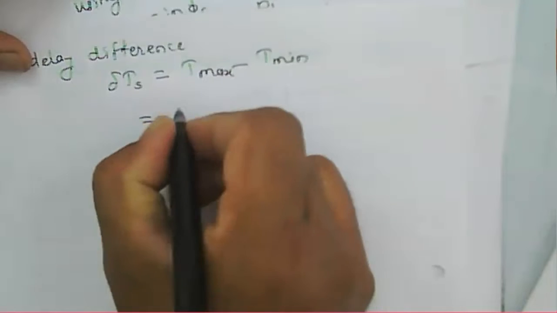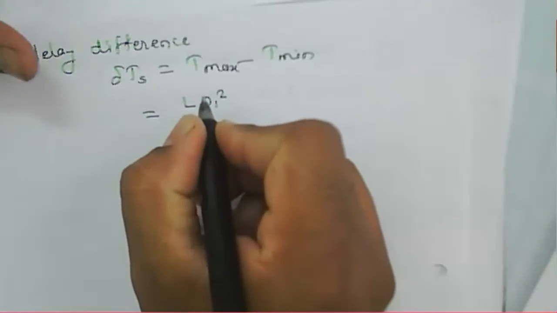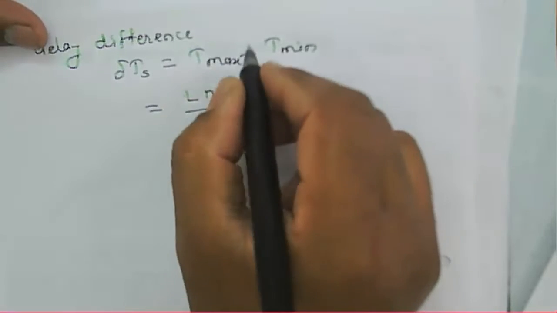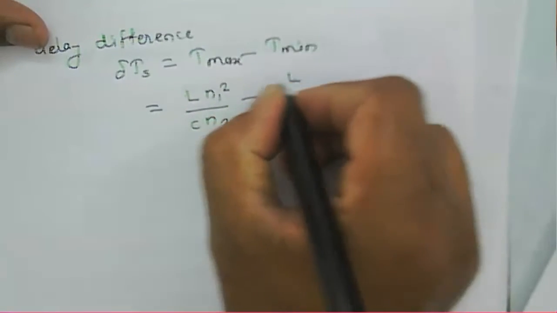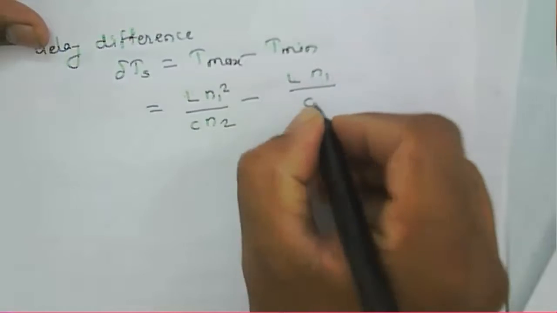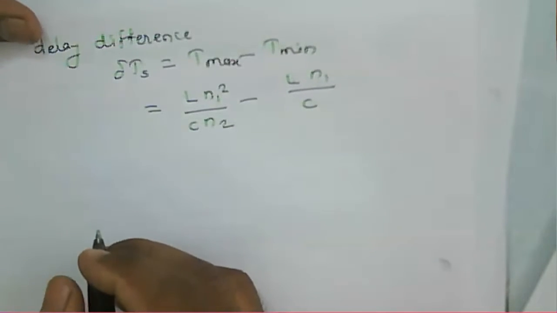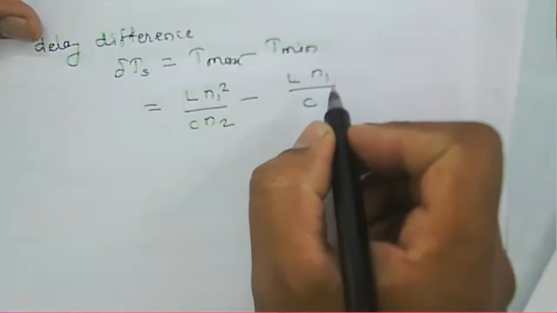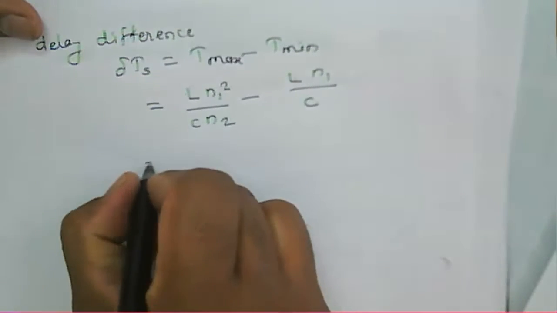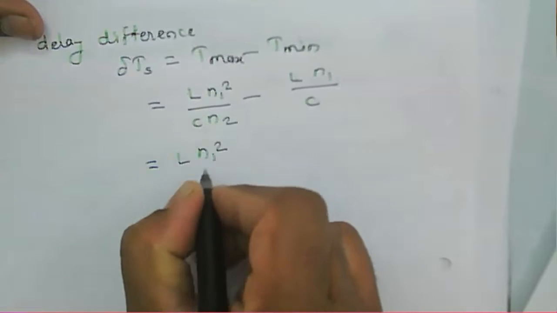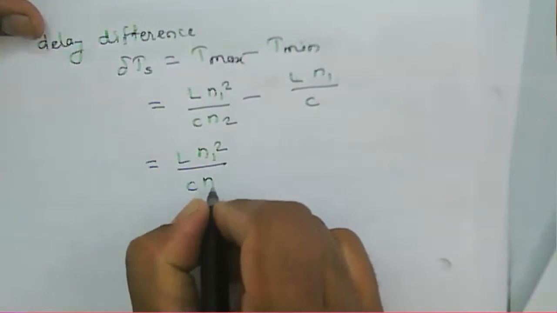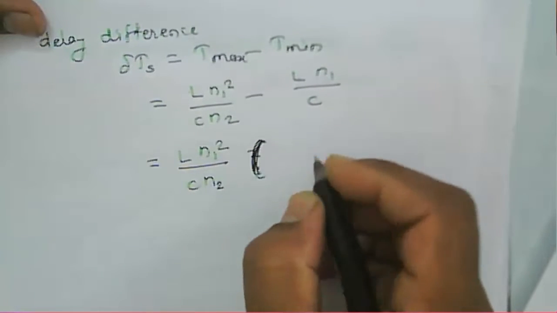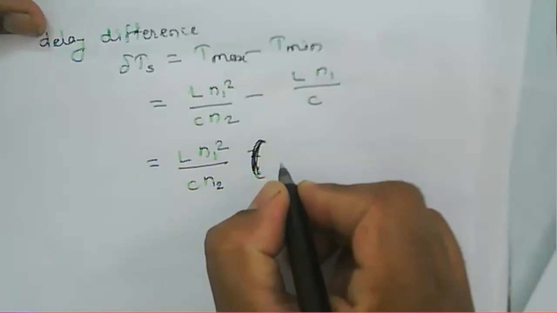So that will be equal to L n1 square by C n2 minus L n1 by C. And if you further solve this equation, taking L n1 square by C n2 as common, it becomes what?